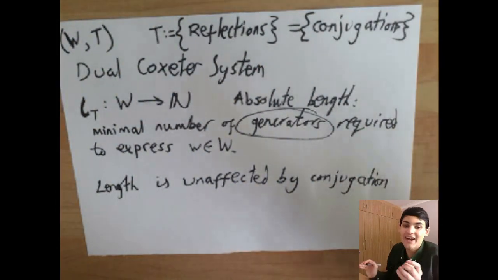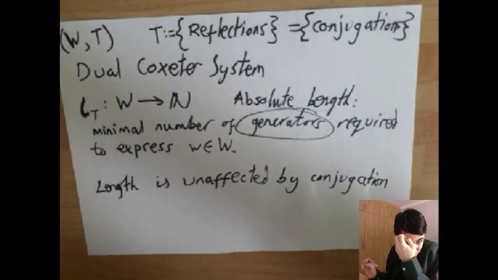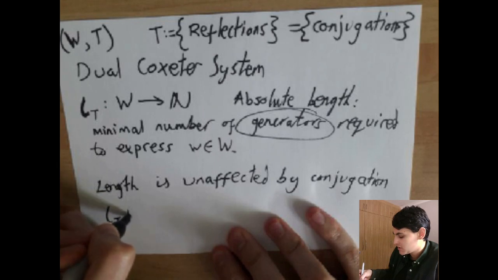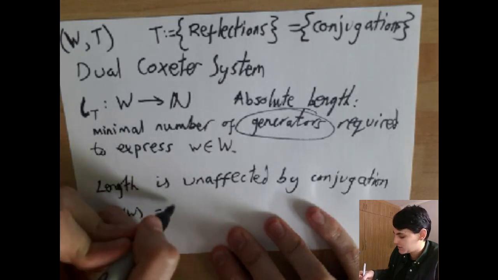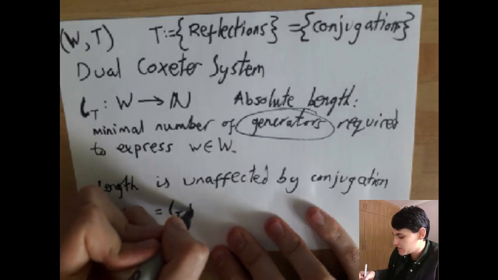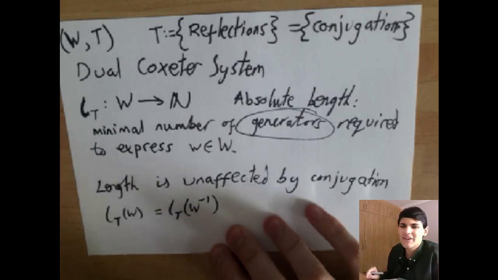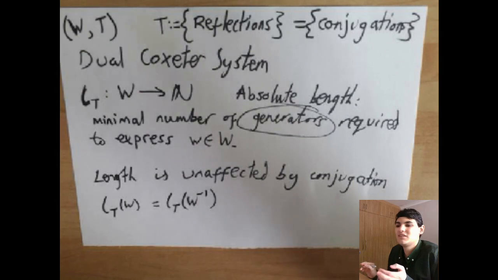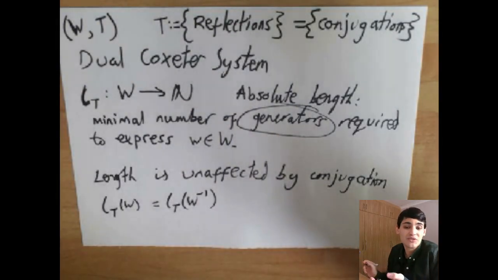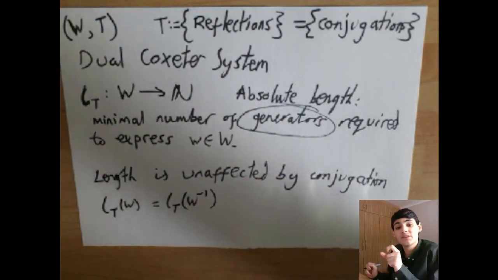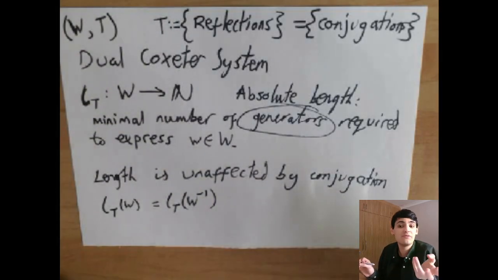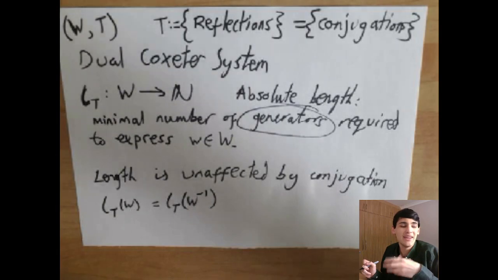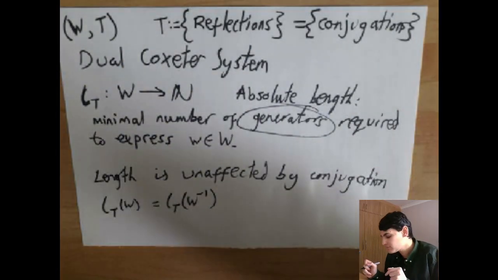And that is conjugation by any element. Now that's pretty interesting, right? You also get that the length function is unaffected by inverting, which is sort of given in any partial ordering under Coxeter systems, because to find the inverse you just reverse the elements. So the length doesn't change.